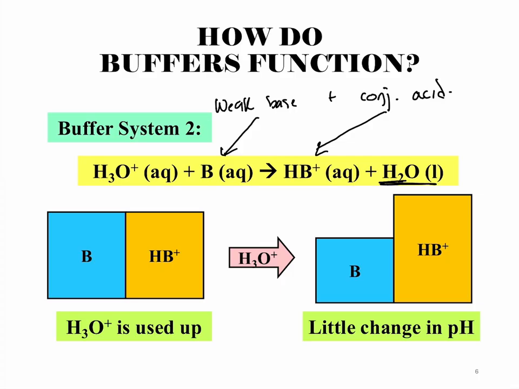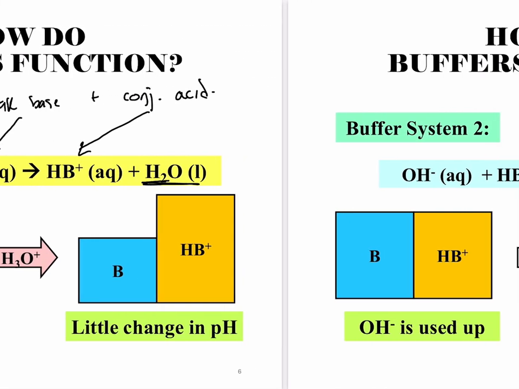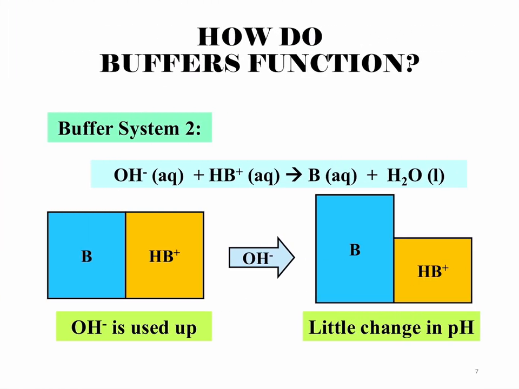If we're looking in terms of a weak base or a weak acid, those are really identical to each other, which is why everything we do is kind of related to the auto-ionization of water. And so again, if we have this one, now we have a base that's going to be added to solution. We make more of our weak base in this case, which causes just a small change in the pH. And we'll look at exactly what that change is in a little bit and ways that we can simplify those types of calculations.